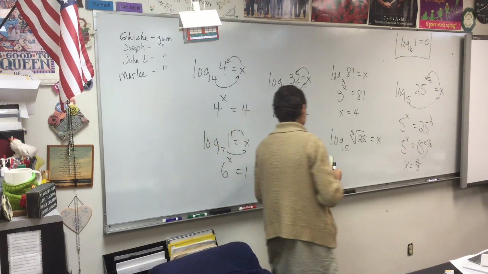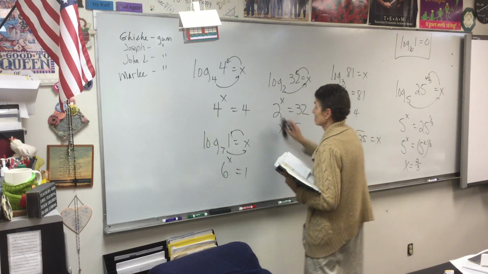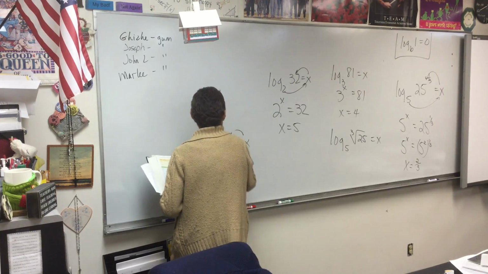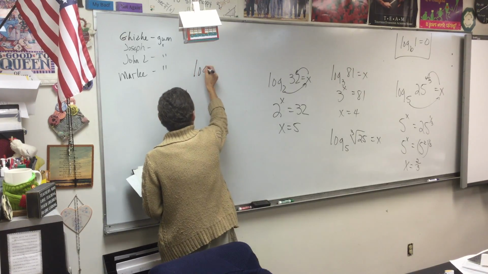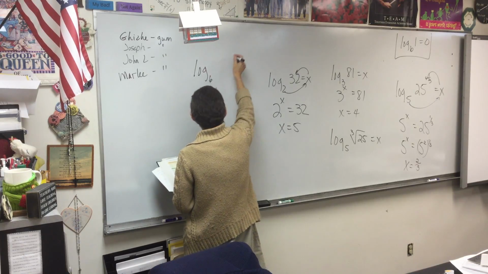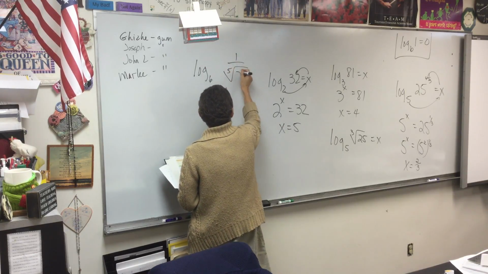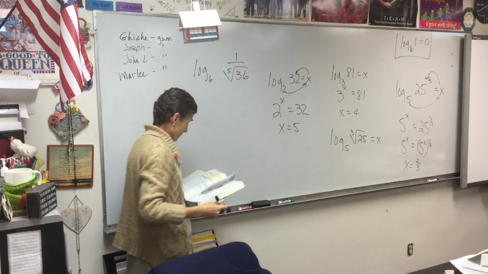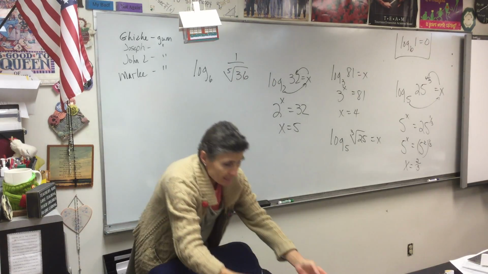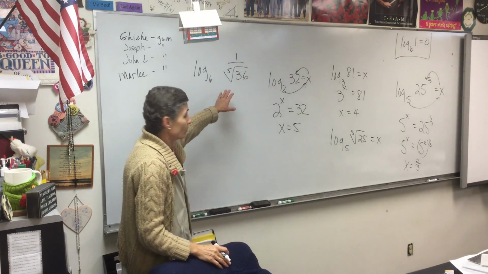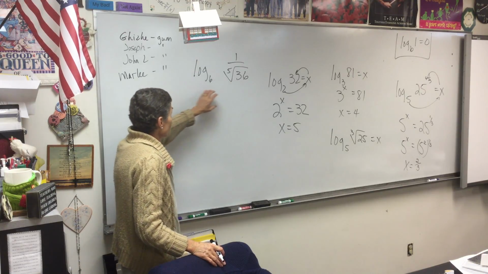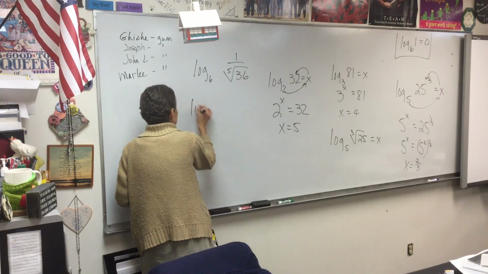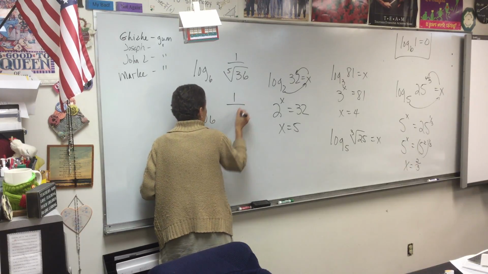Number 6 is even trickier. Makes me twitch just writing it. I don't like to have radicals when I have logarithms, okay? So what am I going to do with that 5th root? What is that 5th root going to become?